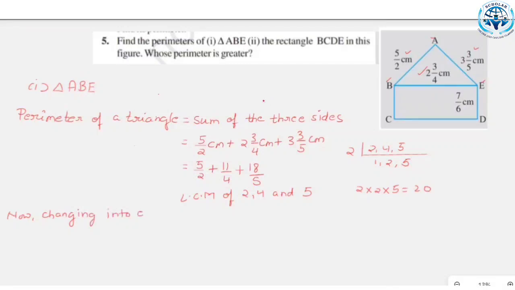LCM of 2, 4 and 5 is 20. Changing into equivalent fractions. Denominator is same.